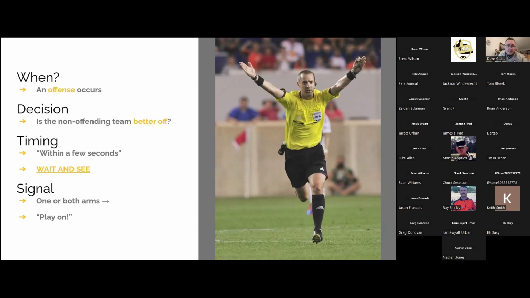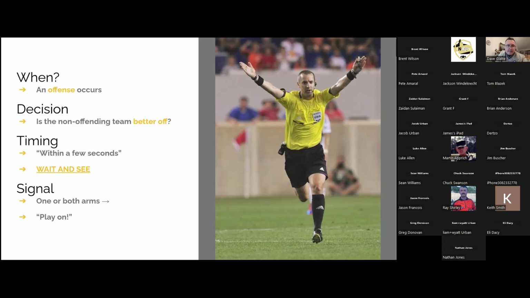A lot of it will come down to experience, but I would suggest for most of you, especially the grassroots referees who are getting started, think in the realm of 3 to 5 seconds, right? Give them that long to play things out and see what happens. If an advantage is present, play on.